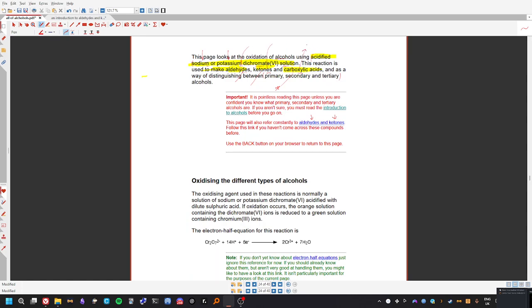What is a carboxylic acid? That's gonna be your COOH: a double bond C=O and a single bond OH.